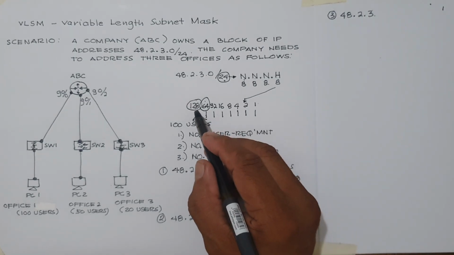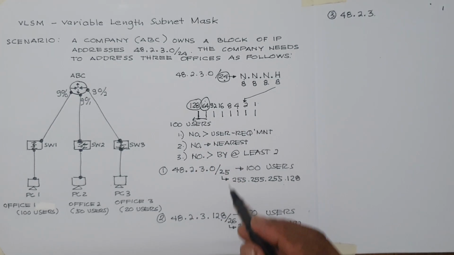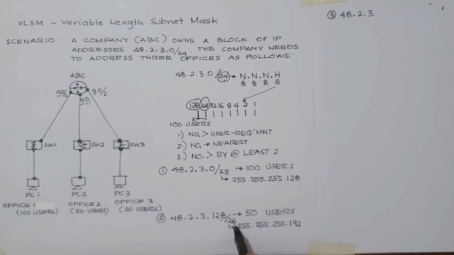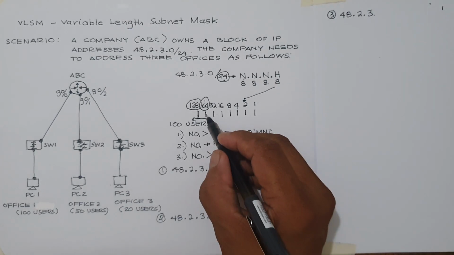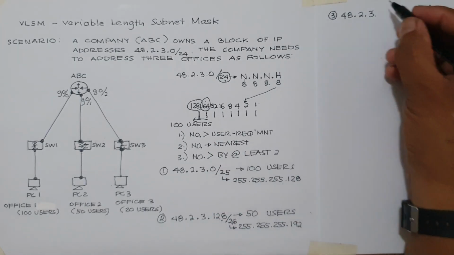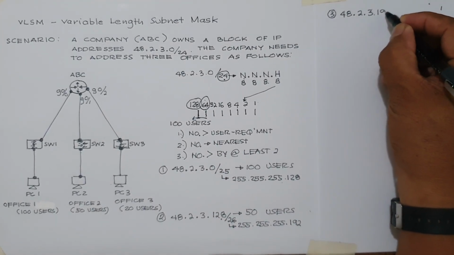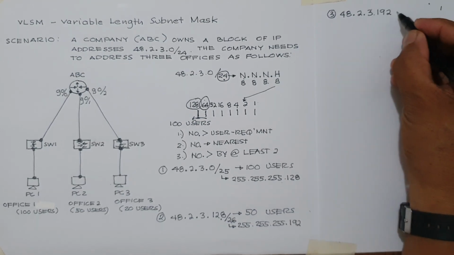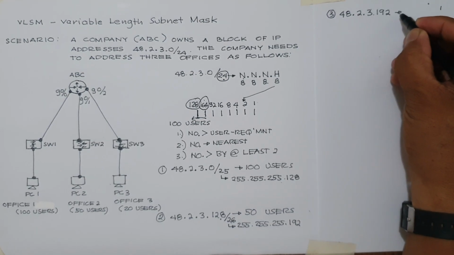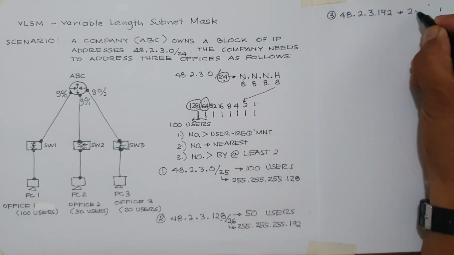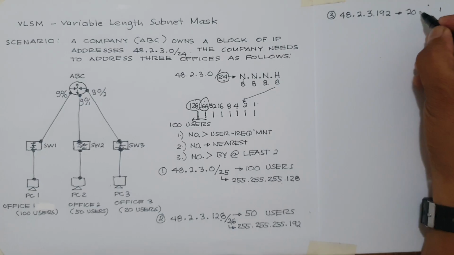It is no longer 128 being added here. Instead, the current bit here, which is /26, so 64 will be added to 128, and that will be 192. Okay, this is now the network that will support 20 users.